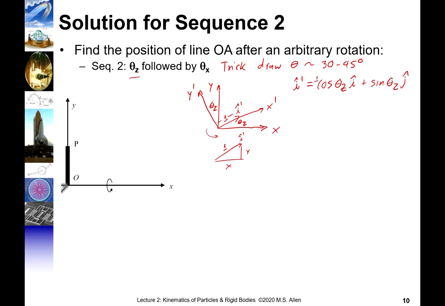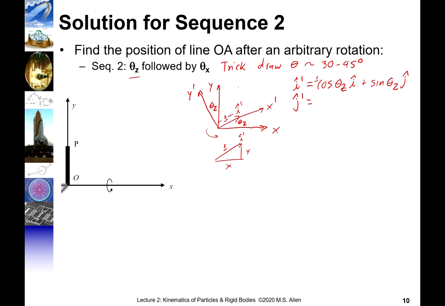Right, and it will have nothing in the z direction or in the k direction. So now we have an equation that tells us how we can get I prime if we have I and j components. Does that make sense? Okay, so now we can do the same thing with j prime.